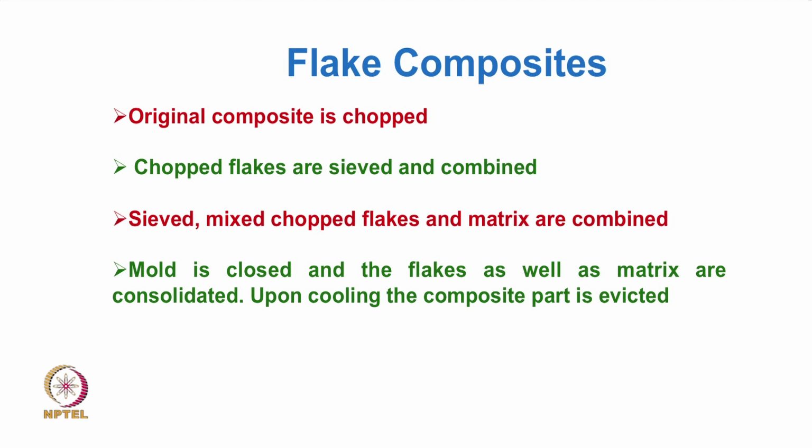The mold is closed and the process cycle with the designed parameters like pressure, temperature, cooling rate is executed. So, to get the final composite, and after that we eject it out of the mold.